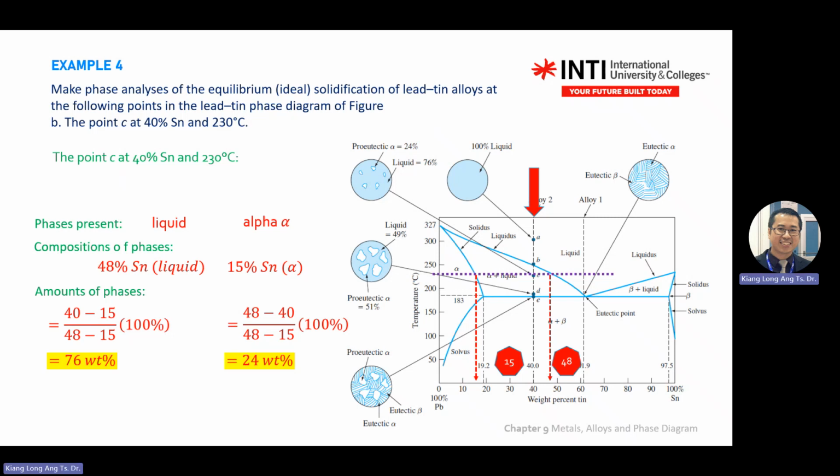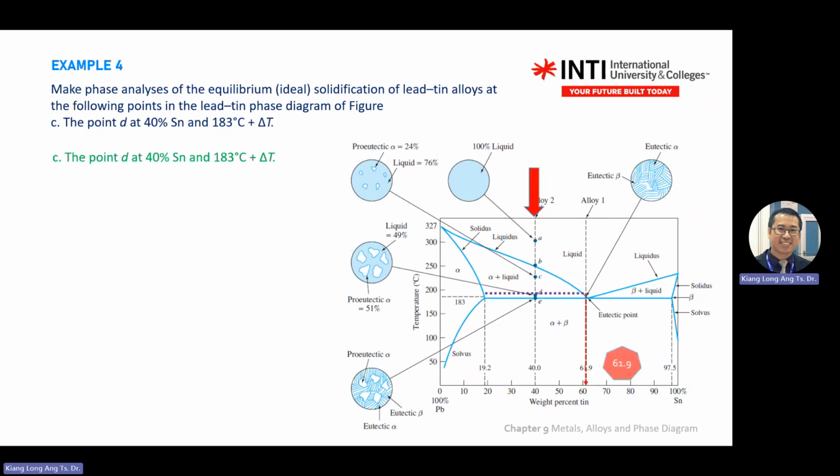The rest is homework, go and see. This one is a bit tricky. The plus means above, just above, so you need to carefully draw the line just a little bit above 183, which is the D point here. The rest you read.